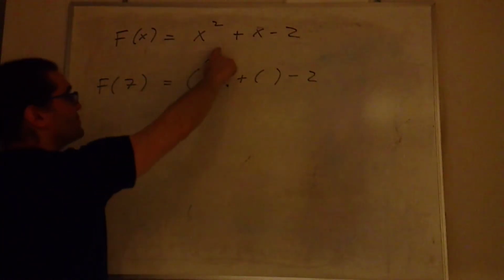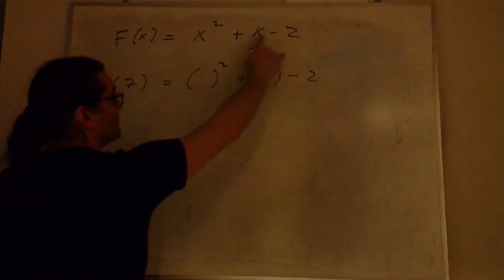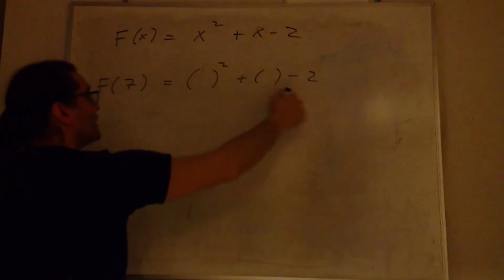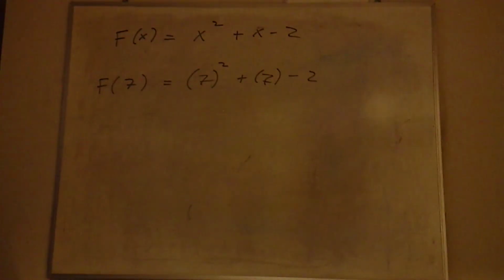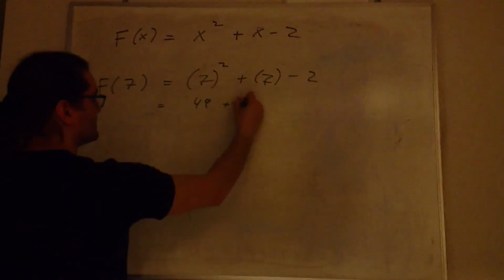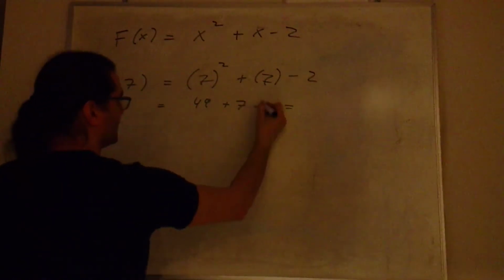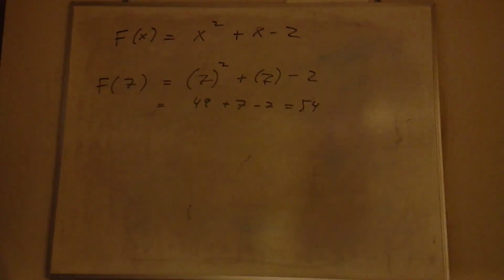What this function is doing is it's squaring something, it's adding that thing to itself, and then it is subtracting 2. So we'll put 7 in there and there, and simplify. We get 49 plus 7 minus 2 is probably 54. Okay. That's all there is to evaluating functions.